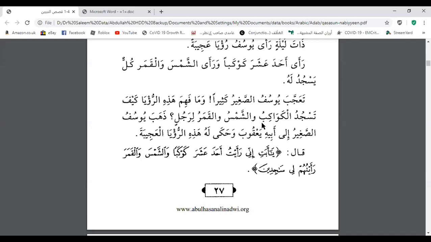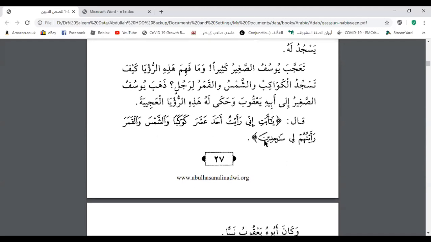So the young Yusuf alayhi salam went to his father Yaqub, and he told him the strange dream.